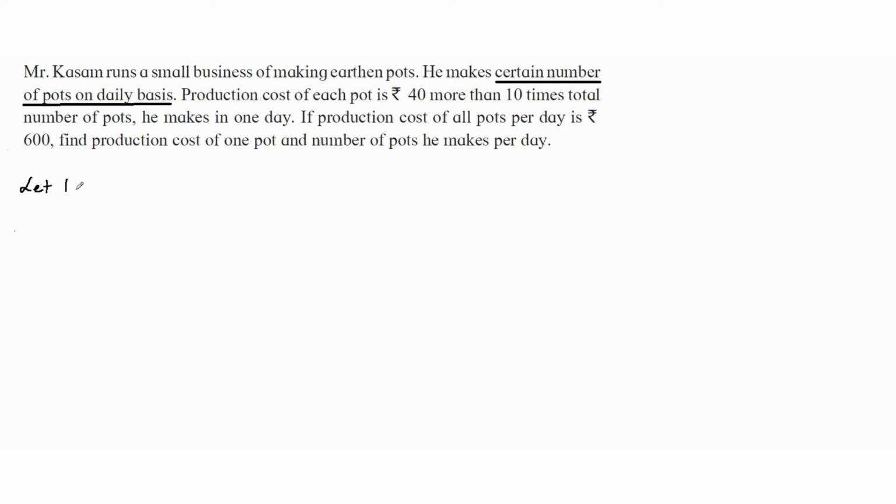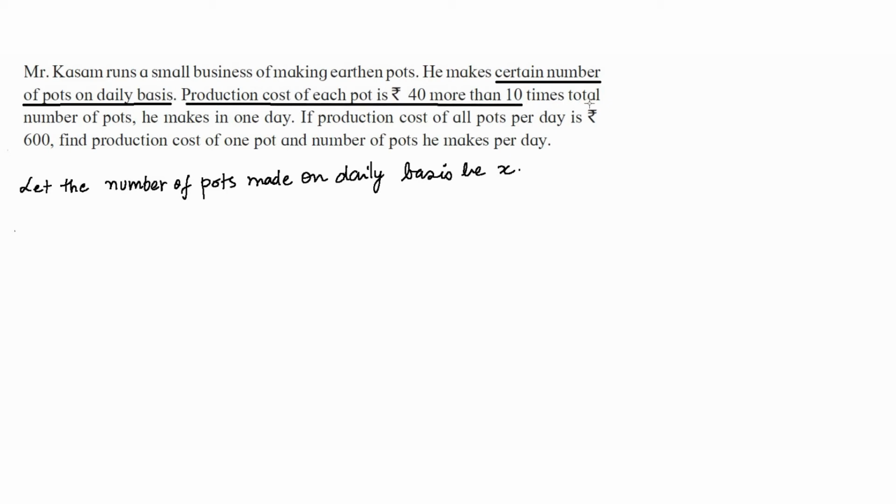So let the number of pots made on the daily basis be x. Let's read further. Production cost of each pot is rupees 40 more than 10 times the total number of pots he makes in one day.